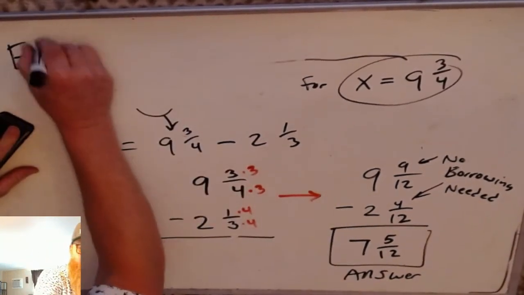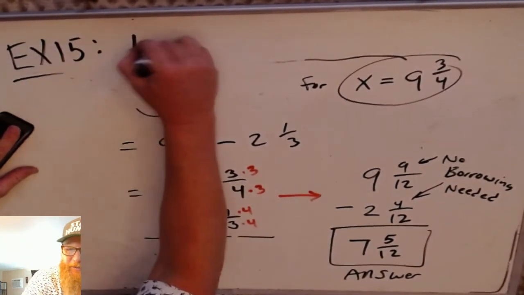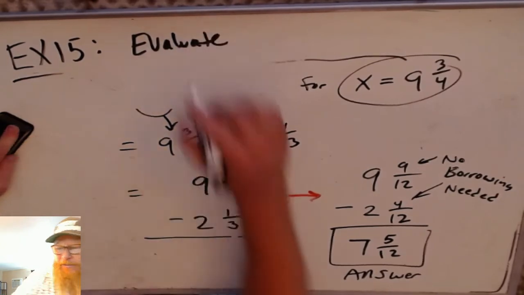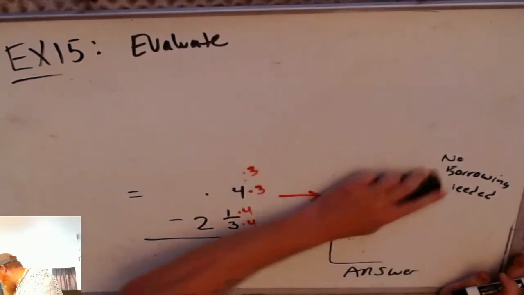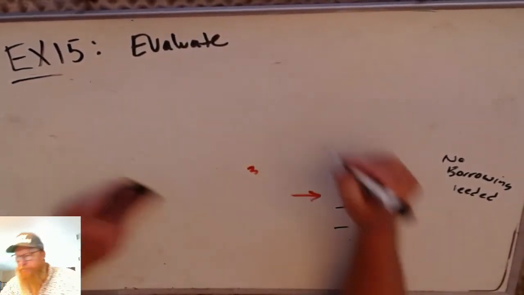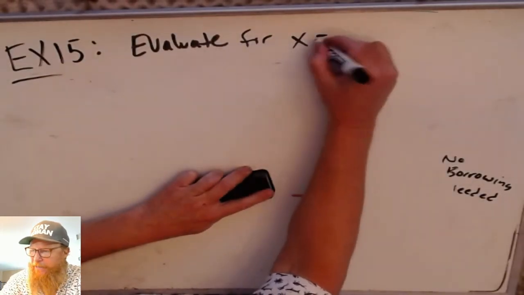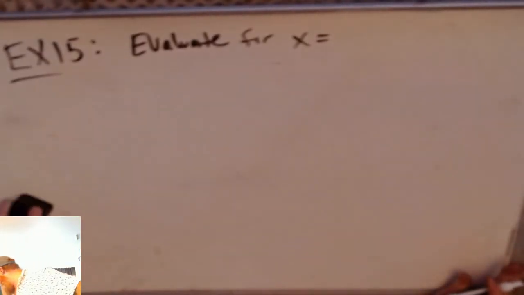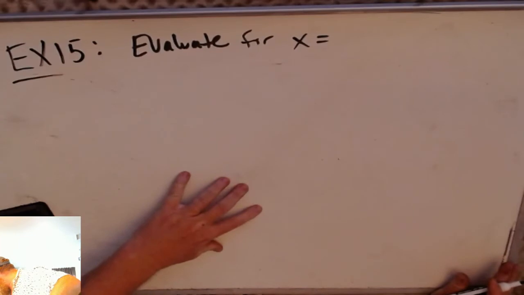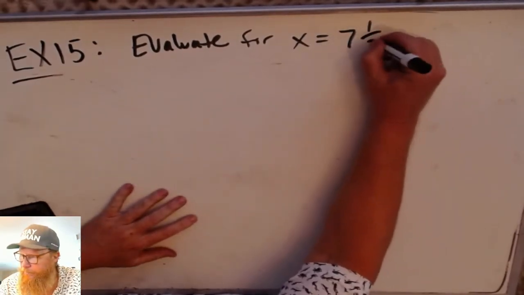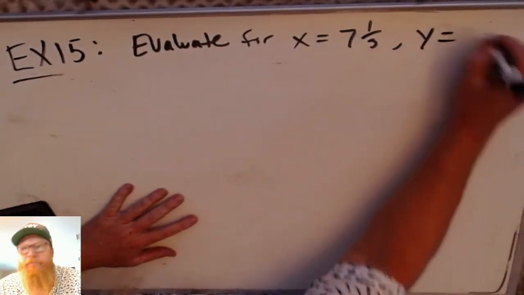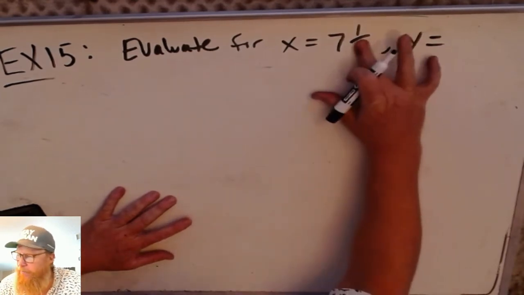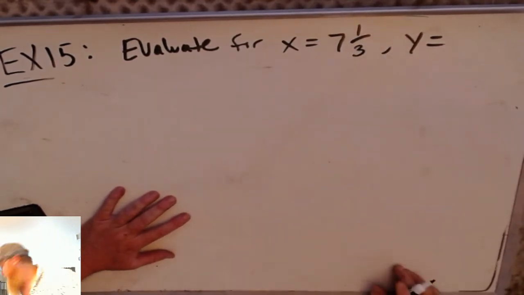So let's do some negative numbers. Sometimes I give you the numbers ahead of time. I'm going to do two variables, x and y.